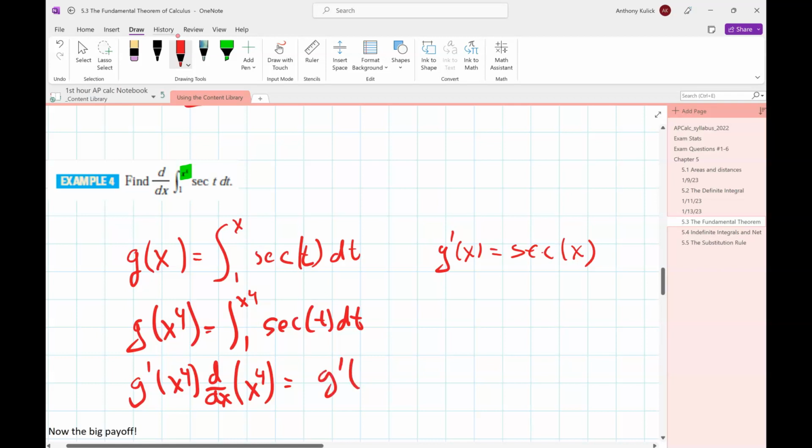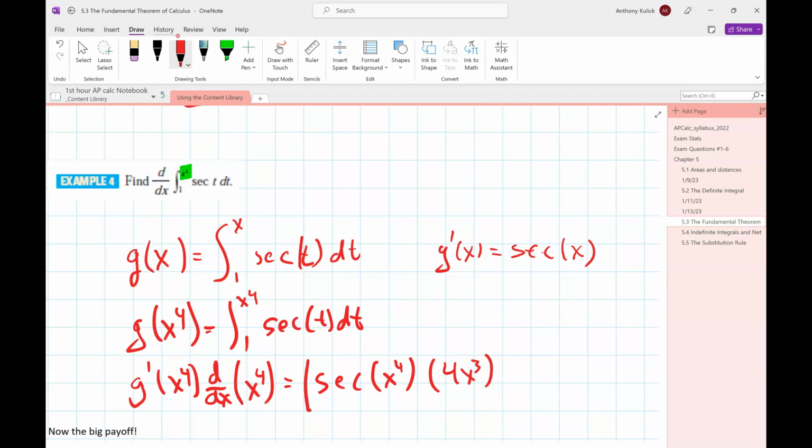So g prime of x to the fourth is going to be secant of x to the fourth, and the derivative of x to the fourth is 4x cubed. Everybody okay with how we did that?